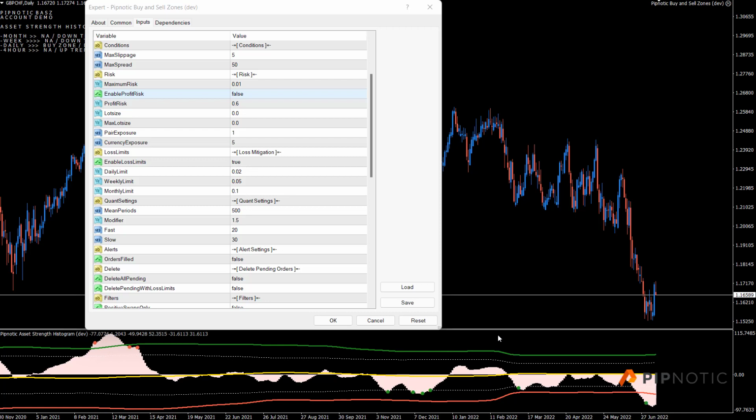And so when you enable this setting, the robot takes the profit from the trade that you just won and allocates 60% of it to the position size of the next trade, plus the initial risk. So it would risk 1.6% on the second trade.